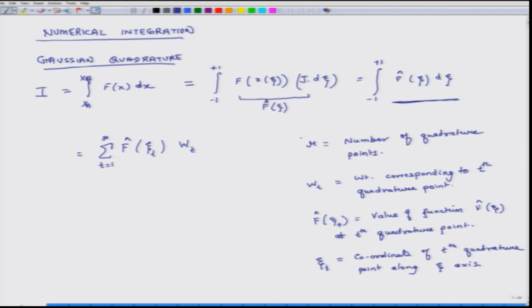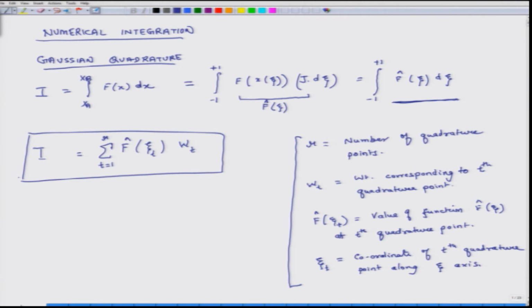Okay. So, these are the definitions. Now, to recap, we will see what these values are.